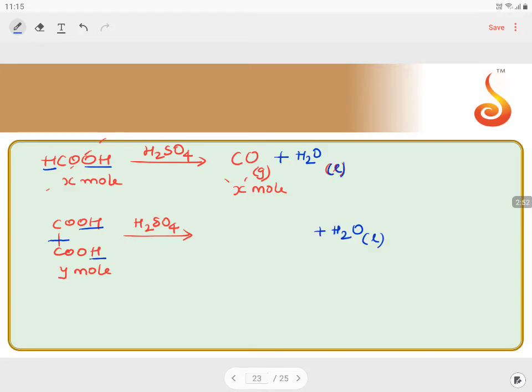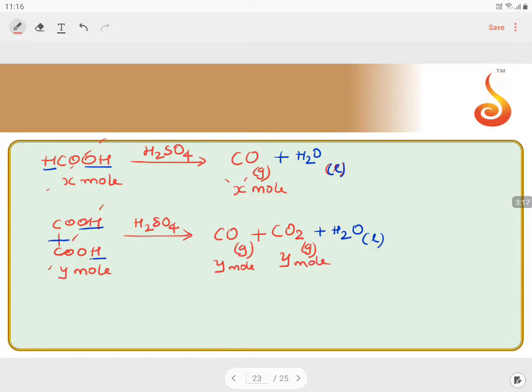Apart from the liquid, the gases formed in the reaction are CO plus CO2. If Y moles are completely consumed, Y moles of carbon monoxide and Y moles of carbon dioxide will be formed.